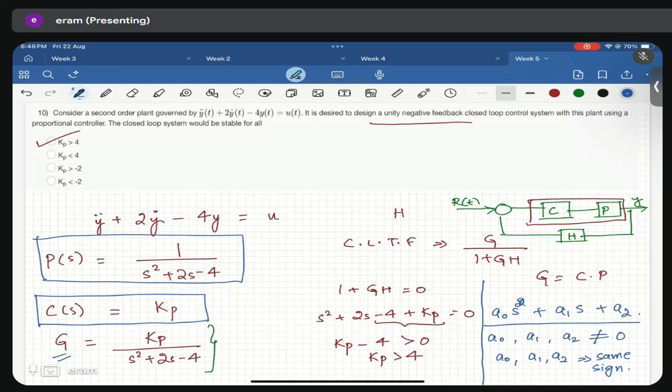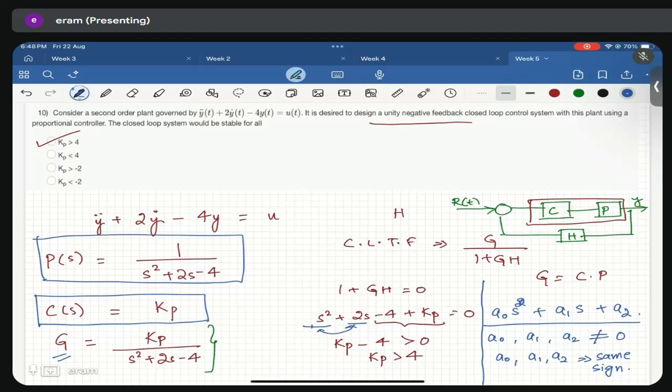Now here, to ensure the coefficients are not 0, we first have to ensure Kp minus 4 is not 0. And in order to satisfy the second condition, we see that the coefficient of s square is 1, the coefficient of s is 2, both are positive, right?